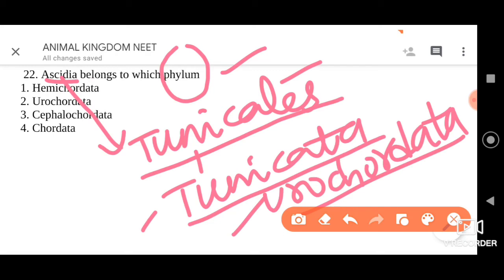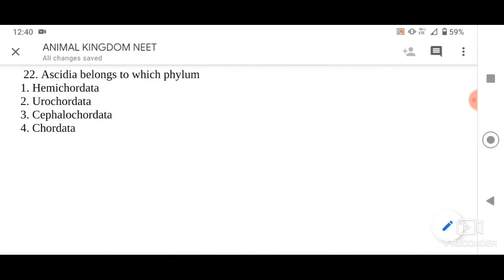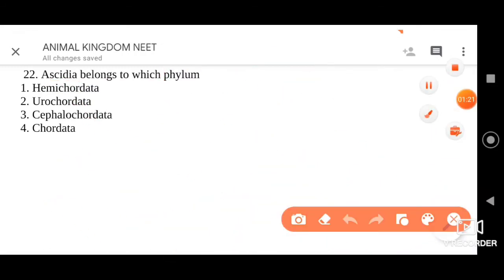See, Tunicata or Urochordata is a subphylum, and the same goes for Cephalochordata, which is also a subphylum. Only two phyla are here. One is Hemichordata and another one is Chordata. Among these 2, the answer should be one.